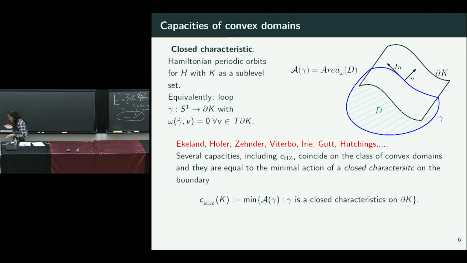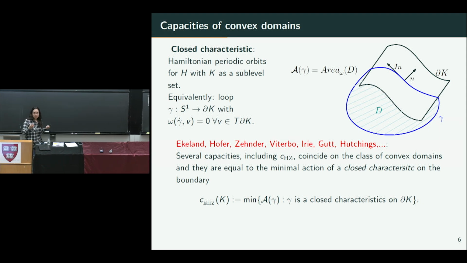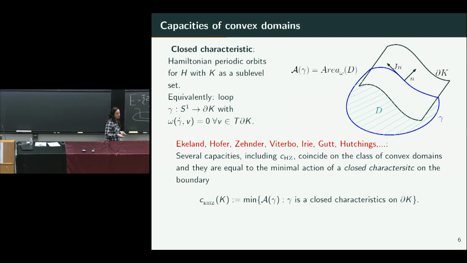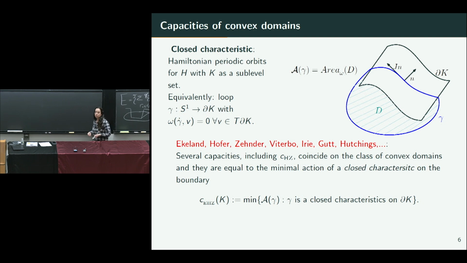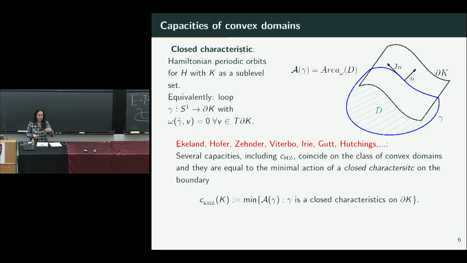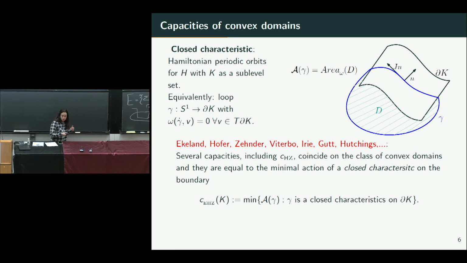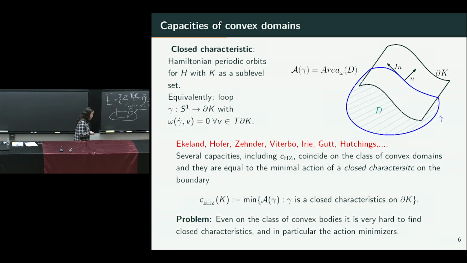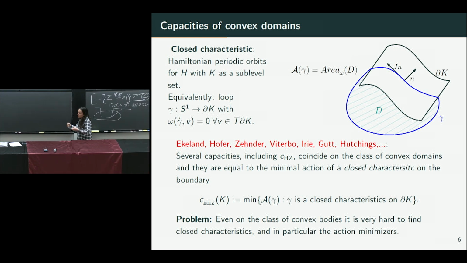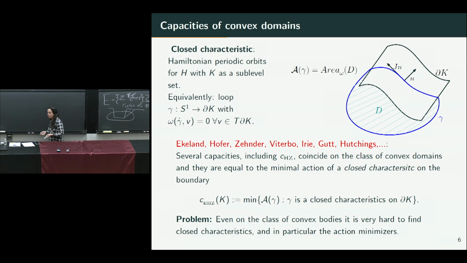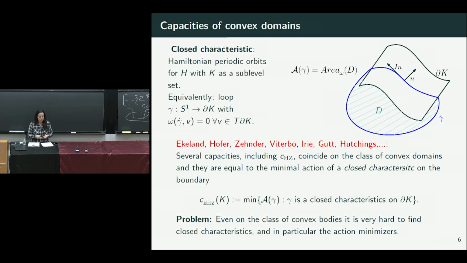And this quantity is somewhat important because many of the capacities throughout the years have been proven to coincide with the minimal action over all closed characteristics on the boundary of convex domains, including the Hofer-Zehnder capacity we just discussed before. I should remark that this is maybe a more approachable capacity than other capacities, but still not that easy to compute.